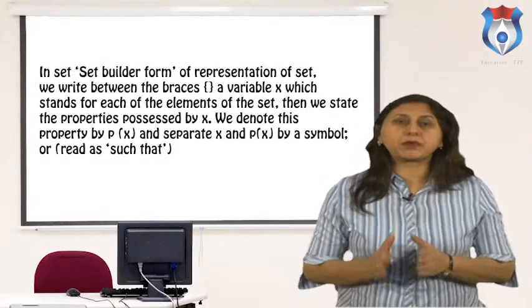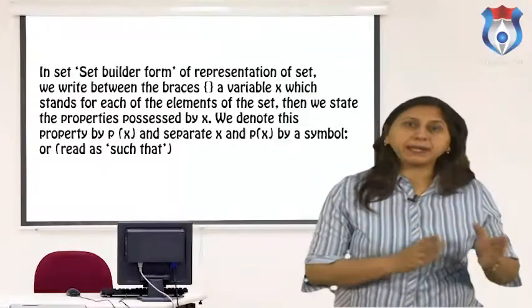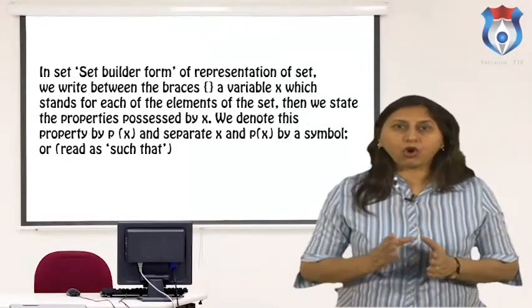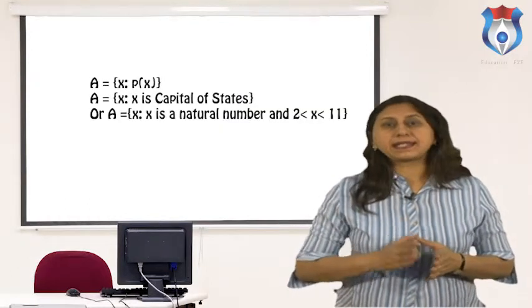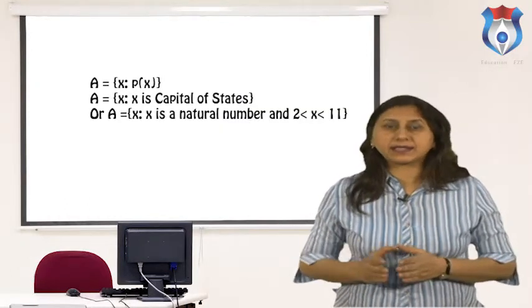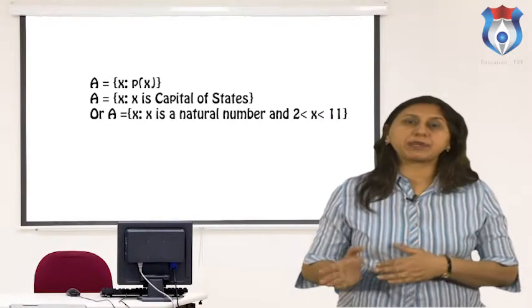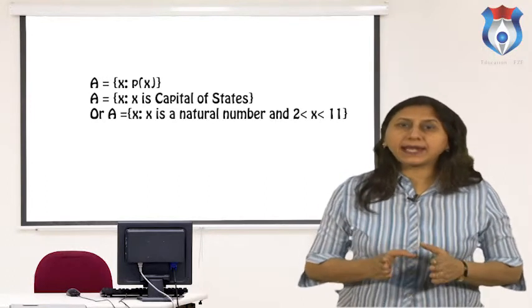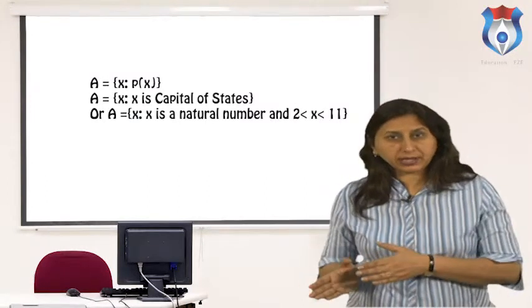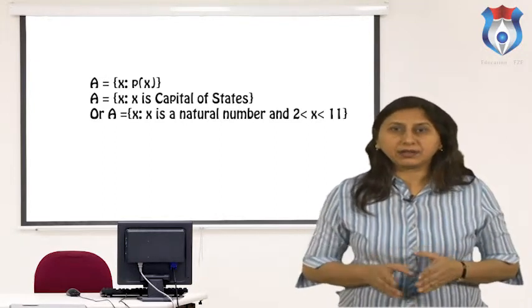We denote this property by p(x) and separate x and p(x) by a symbol, read as such that. A = {x : p(x)}. For example, A = {x : x is a capital of states}, or A = {x : x is a natural number and 2 < x < 11}.